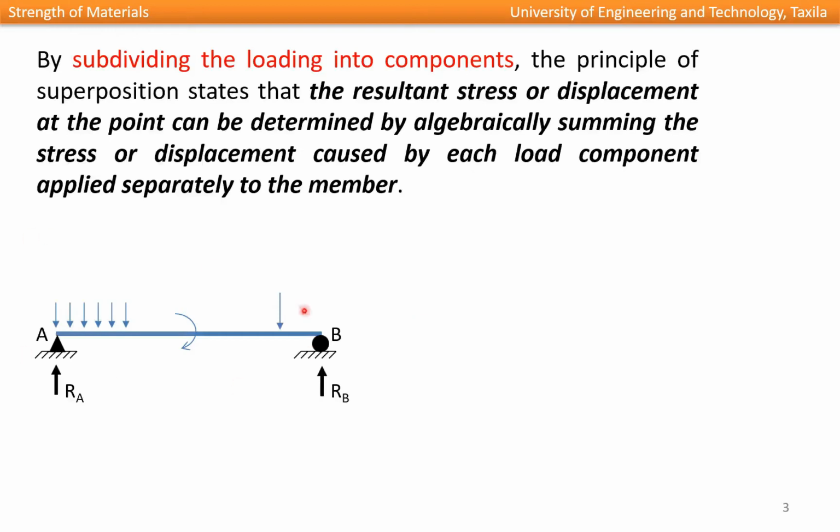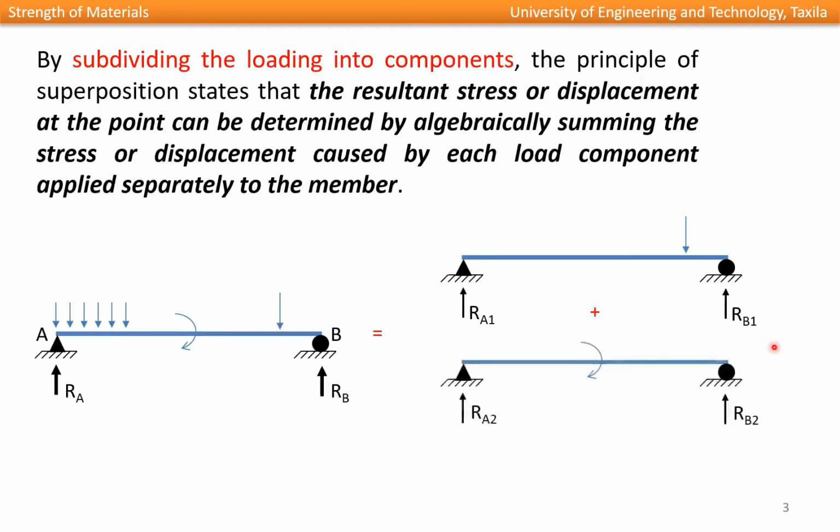So if we consider this beam which is subjected to these three different loadings, and if we want to find out the support reactions at A and B, we can simply divide the loading into three parts. First, on the same beam, we will apply this point load and find out the support reactions. Then we will apply this moment which is acting at center, and again find out the support reactions. So these are RA2 and RB2.